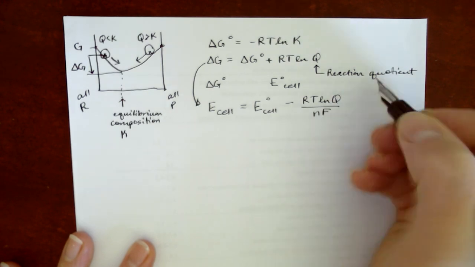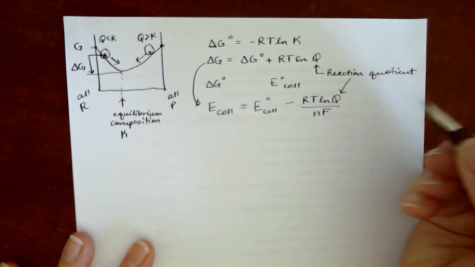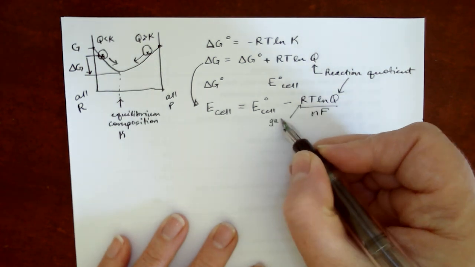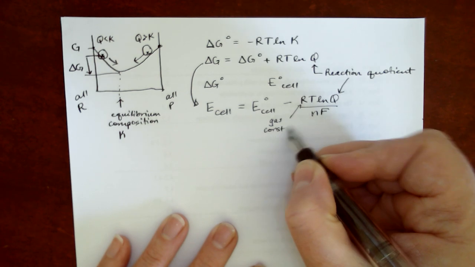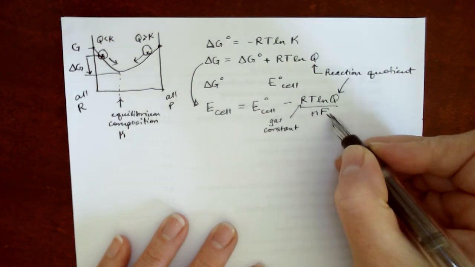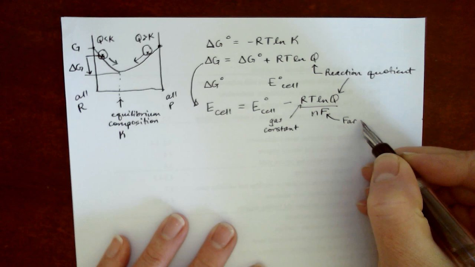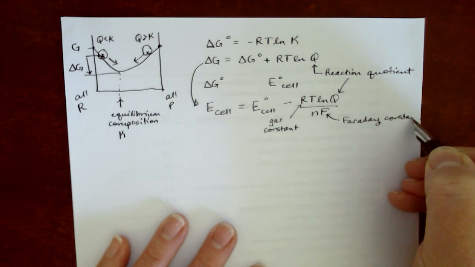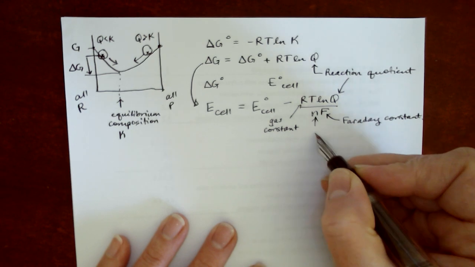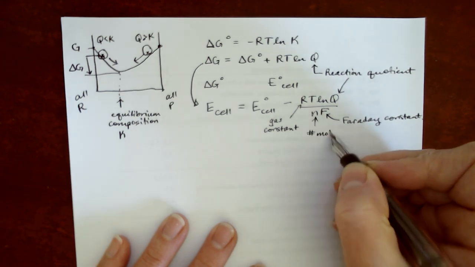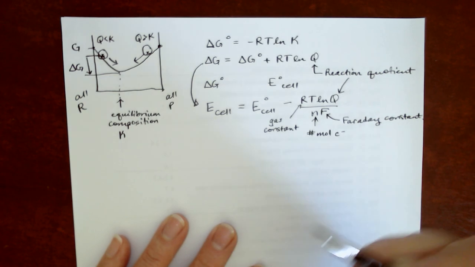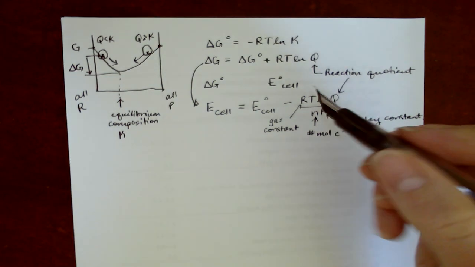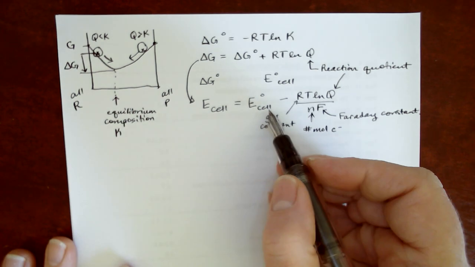So this Q is still the reaction quotient, the R is the gas constant, and F is the Faraday constant, and then n is the number of moles of electrons that are involved in the electrochemical cell that we're talking about, and then everything else, temperature, of course. And then this is the standard state cell potential there.